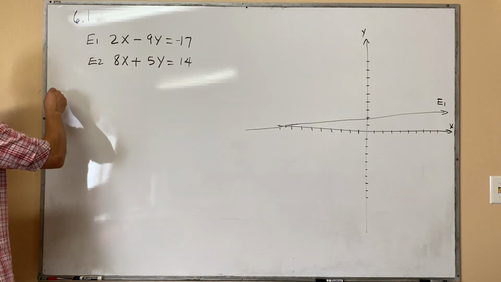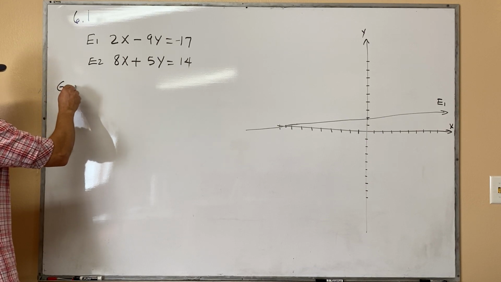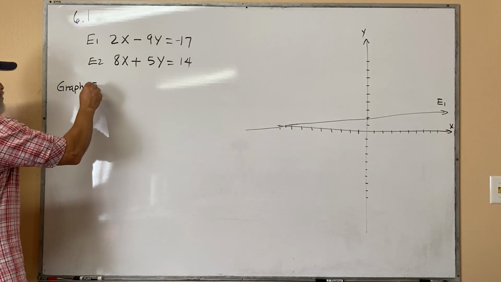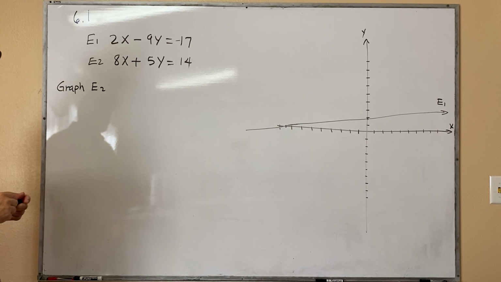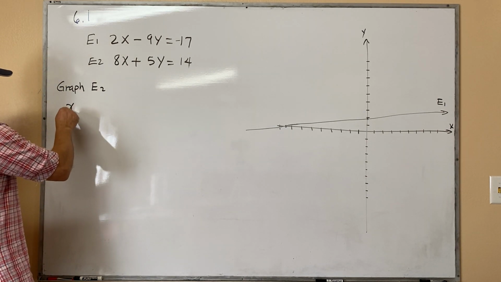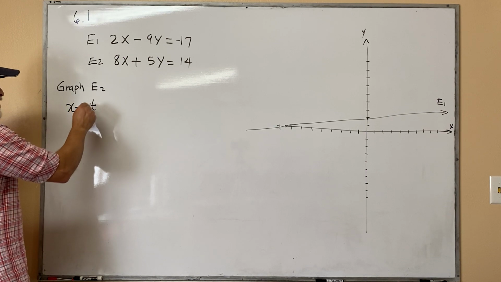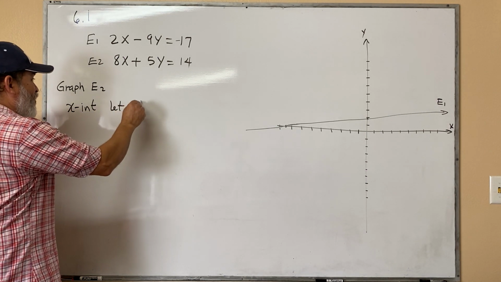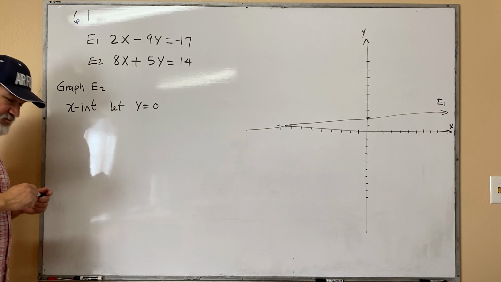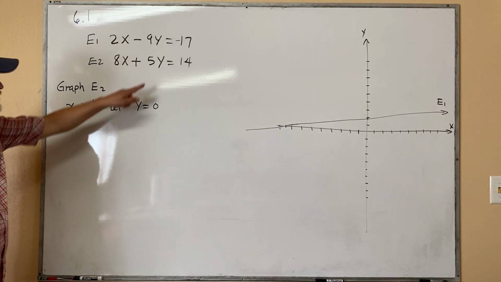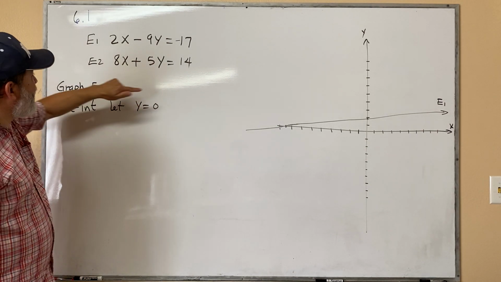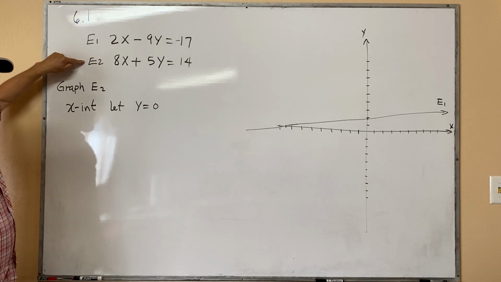So graph equation 2, find the X-intercept and the Y-intercept. The X-intercept, let y equals 0. We're talking about equation 2 now, the second one.